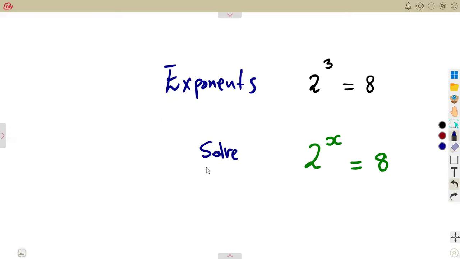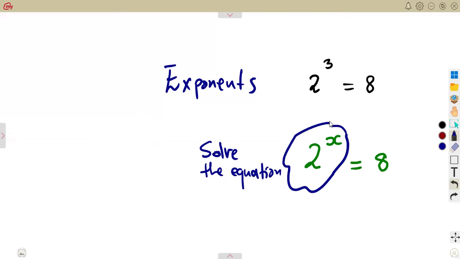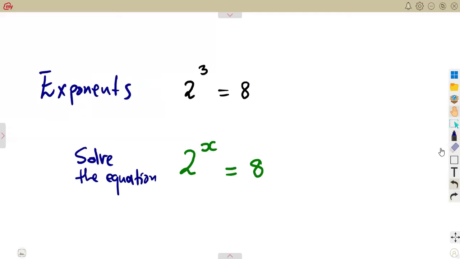Solve the equation. Remember what I said in the introduction: when the left-hand side is equal to the right-hand side, it's an equation. We saw previously that 2 to the exponent of 3 gave us 8.